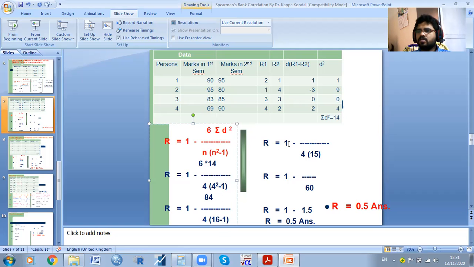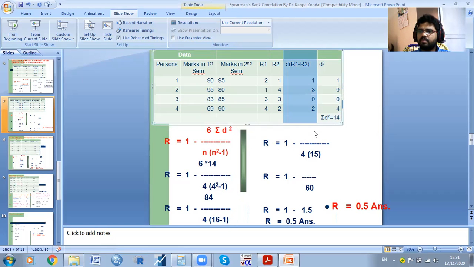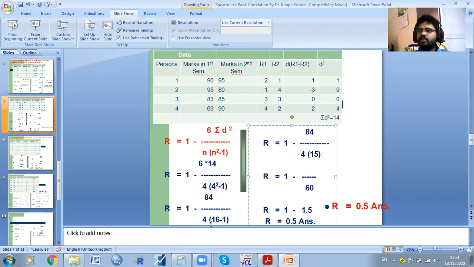The next step: R is equal to 1 minus 84 divided by 4 into 16 minus 1, that is 4 into 15.